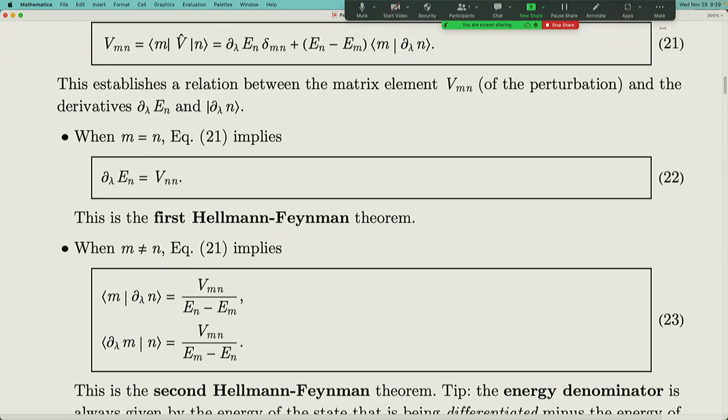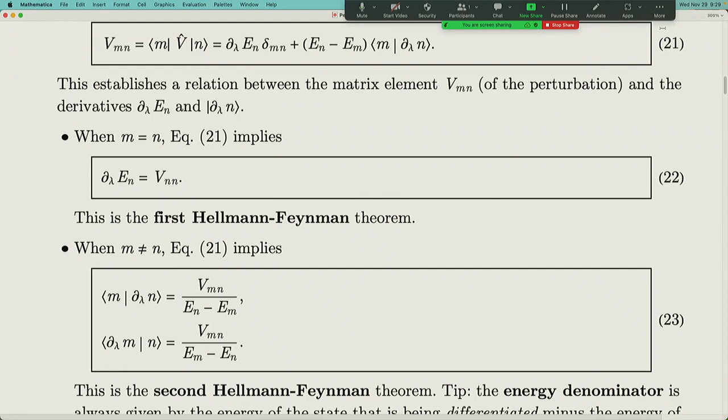And the second term, we can reorganize it a little bit. It basically tells us this scalar product, which I write here, is related to Vmn, a matrix element of V, divided by En minus Em.